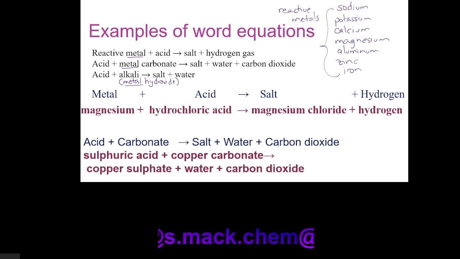So the salt to be formed is called copper sulfate, and the other two products include water and carbon dioxide.